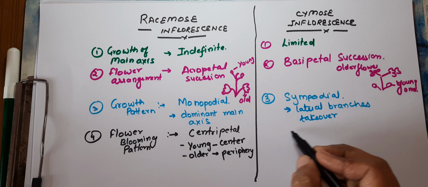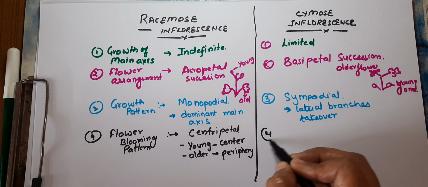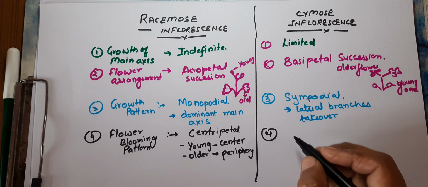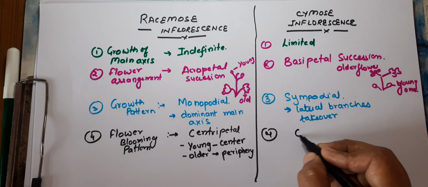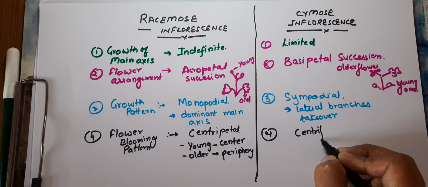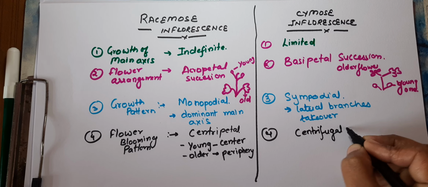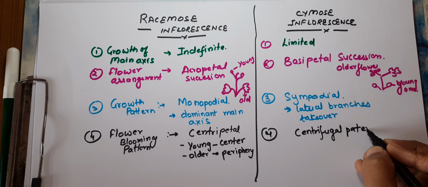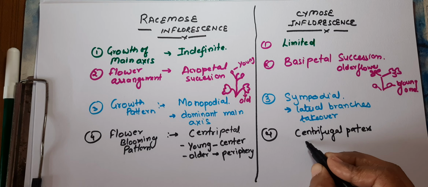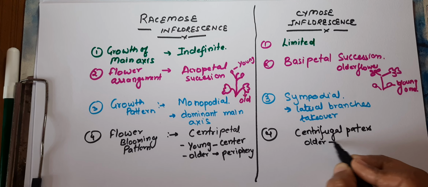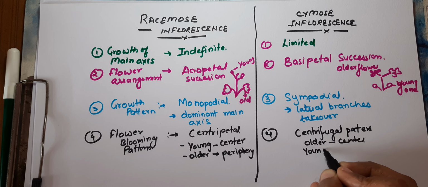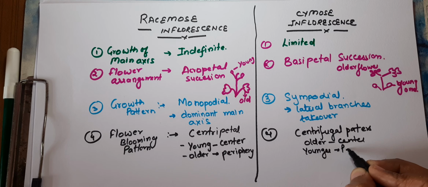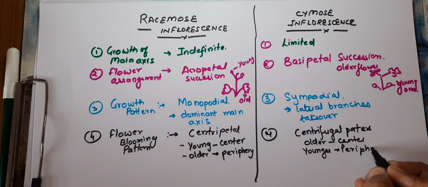If we talk about the flower blooming pattern in the Cymose inflorescence, then they will show the centrifugal pattern, and this is opposite. The older ones will be in the center, and the younger ones are present in the periphery.